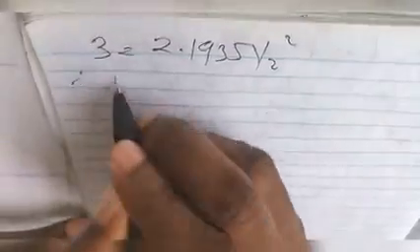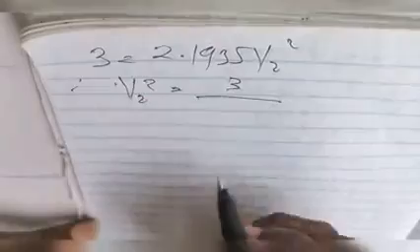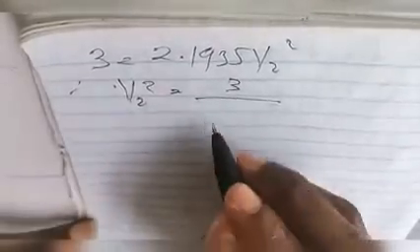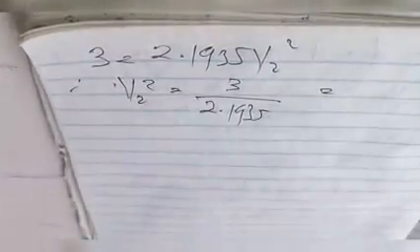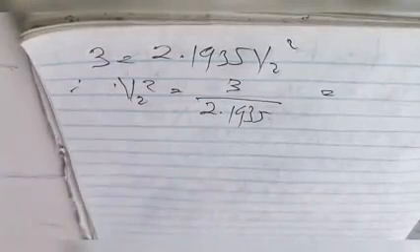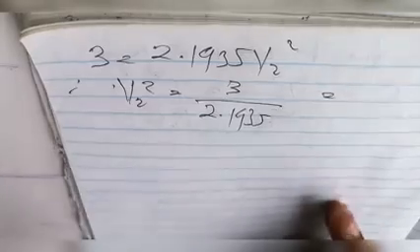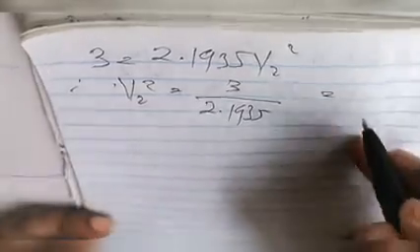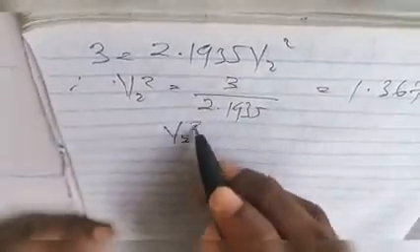So we can now make V2 the subject. V2 squared equals 3 divided by 2.1935, which gives us 1.3677. So V2 squared equals 1.3677.